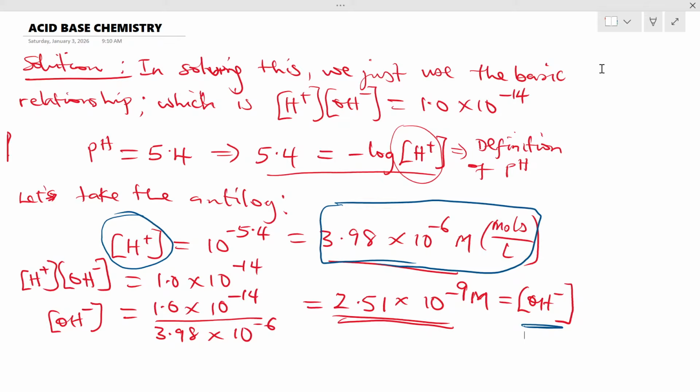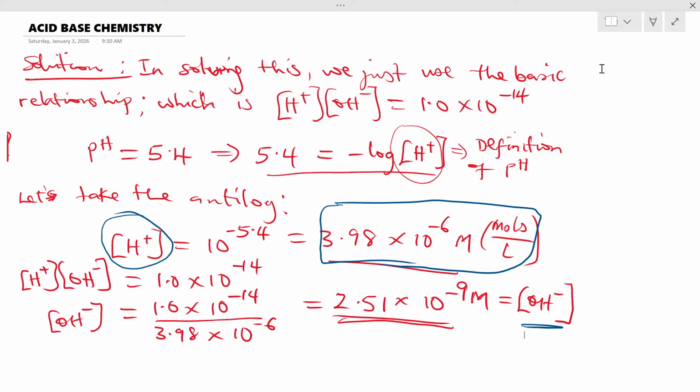If you make OH minus the subject of the formula, you will have 10 raised to power minus 14 over the hydrogen ion concentration, which you have gotten as 3.98 times 10 raised to power minus 6.